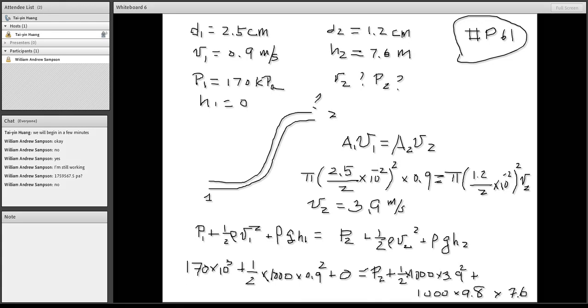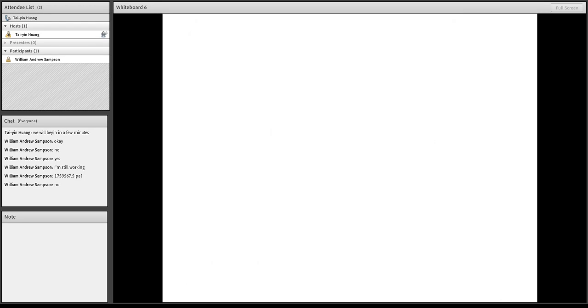After you do the calculation and rearrange, you'll be able to figure out P2. So the final answer: P2 is equal to 88,320 Pascal. So that's the pressure at point 2. Okay? Any question?